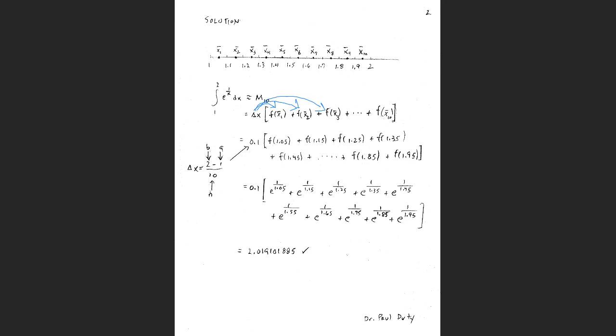You'd have f of x1 bar times delta x, plus f of x2 bar times another delta x, plus f of x3 bar times delta x, and it would keep going until finally you had f of x10 bar times delta x.